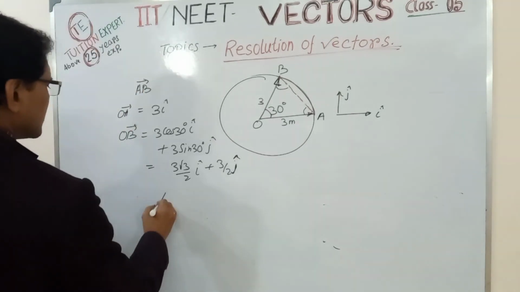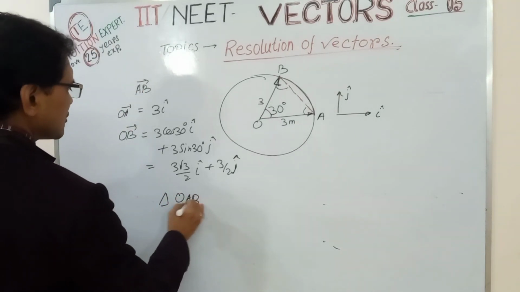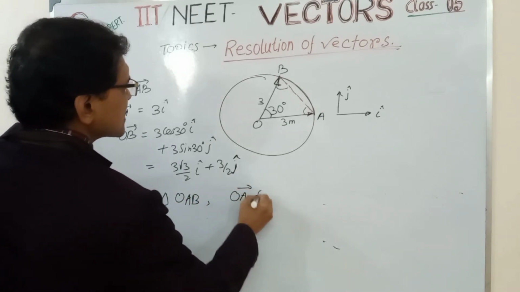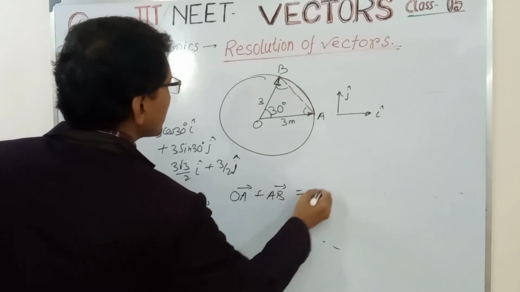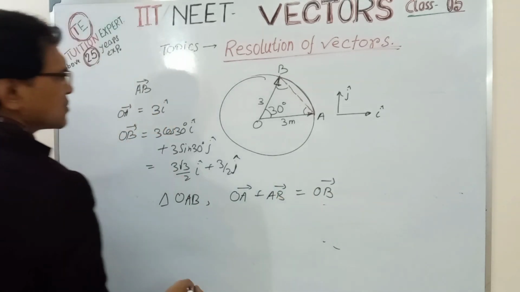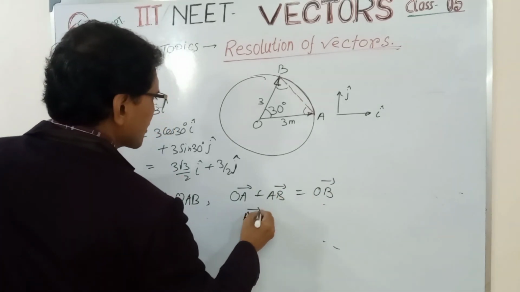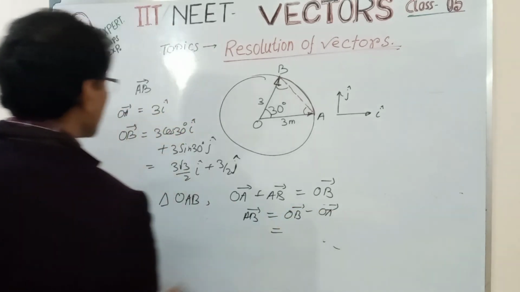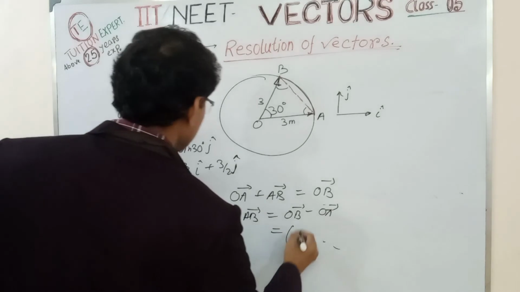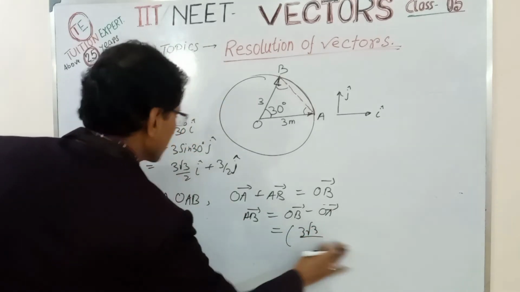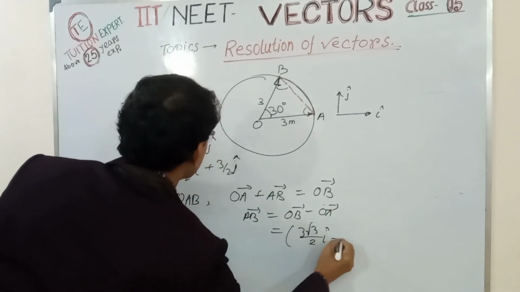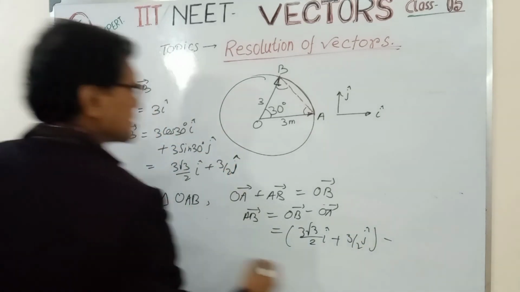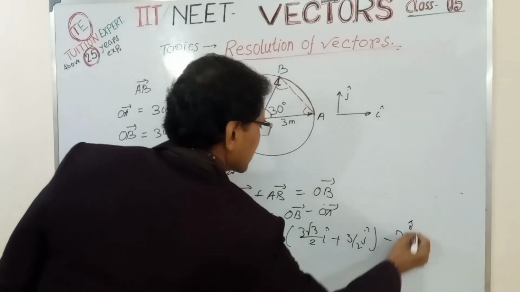From the triangle OAB, we can write OA plus AB equals OB. So AB equals OB minus OA. The OB vector is this, minus the OA vector, which is this.